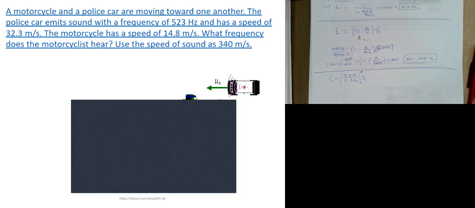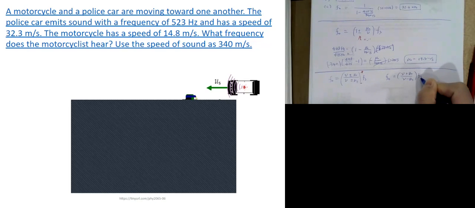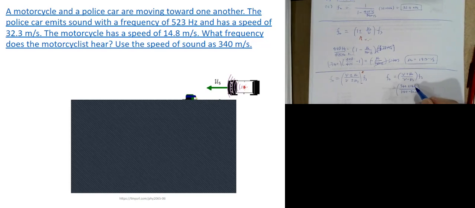So this becomes (v + u0) divided by (v - us), times fs. Then you put in your numbers: 340 plus 14.8 divided by 340 minus 32.2. They are the same units of meters per second, so we can leave out the units.